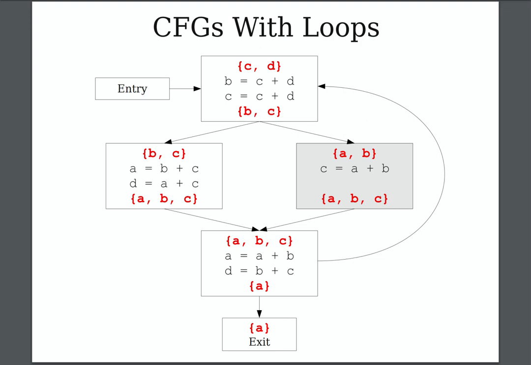Well, not quite. Because if we were to recompute the live variable analysis for this block, recall that the way the data flow analysis works is we take the input values from the successor blocks. But this has two successor blocks. It has the exit block, and it also has the block up here.